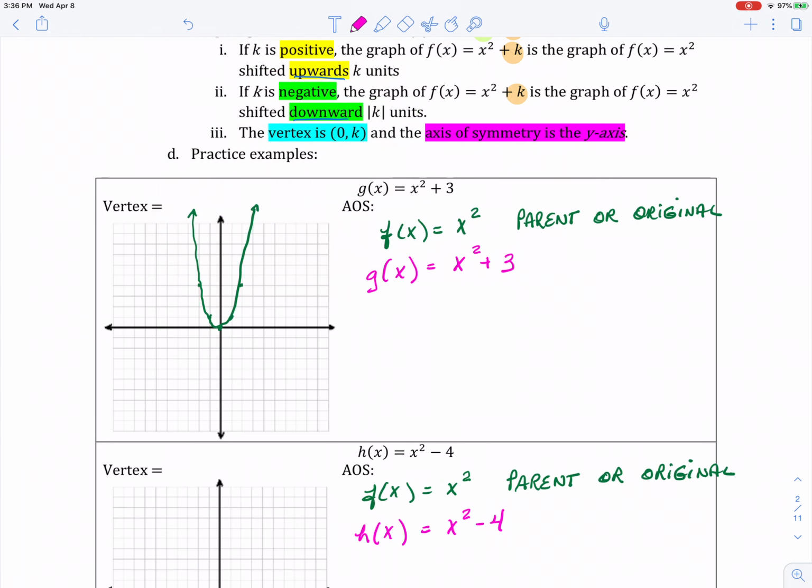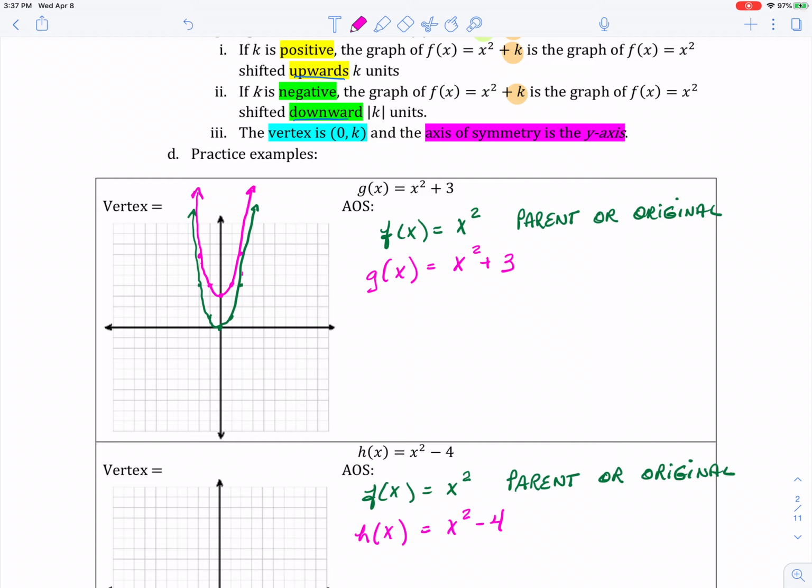So the vertex is going to be here. And you can see that the parabola, all I did was just take every point and shift it, transpose, translate, move it upward by 3 units.